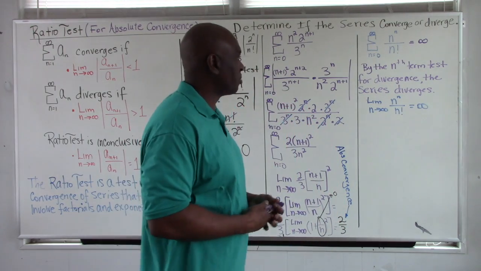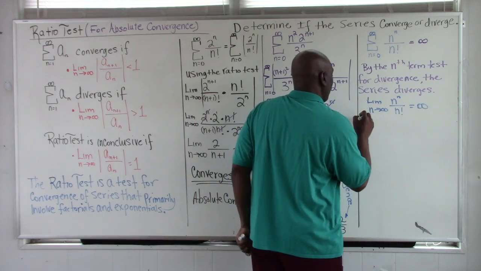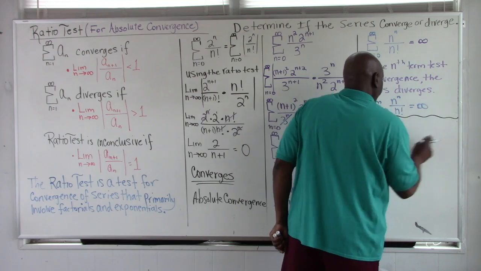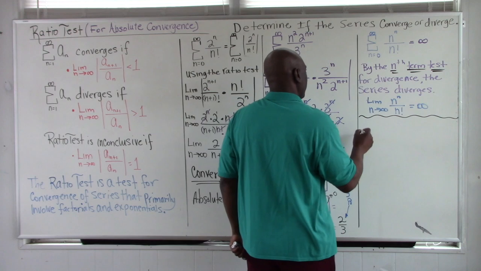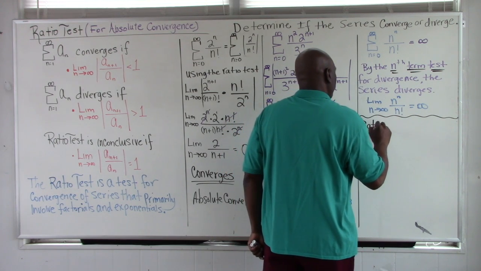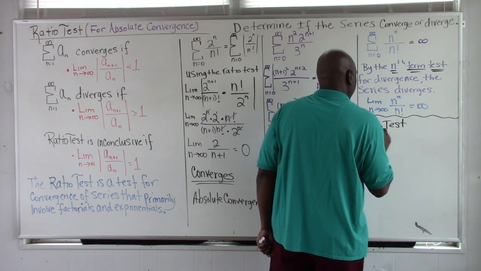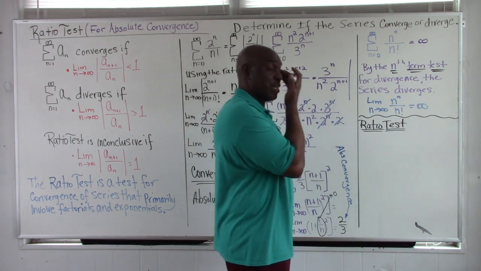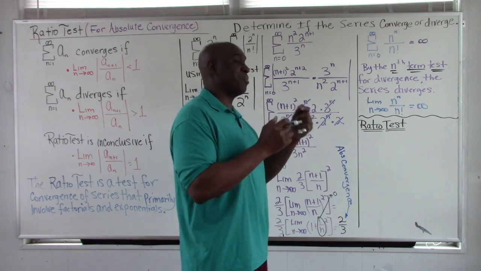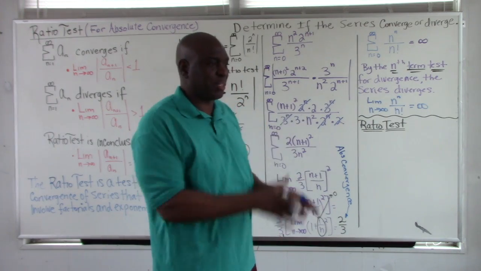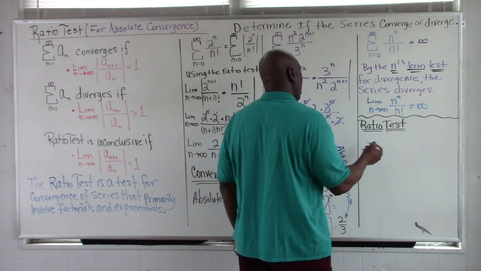We can use the root test, or the ratio test, to prove it. I'm saying all types of tests right now: ratio test, root test, and the nth term test. It all becomes a big jumble. All right, ratio test. Here we go.